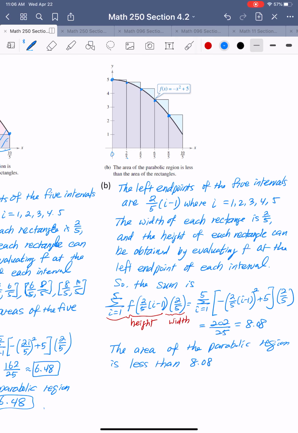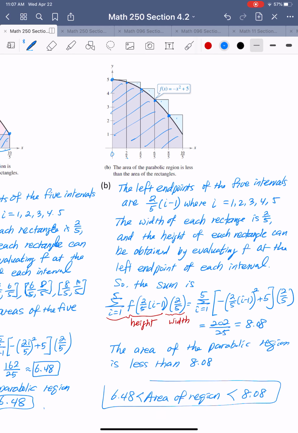The area we found is the area of the rectangles, which is more than the parabolic area. So we can conclude that the area of the region has to be less than 8.08, but also greater than 6.48. So we just do it this way, okay?